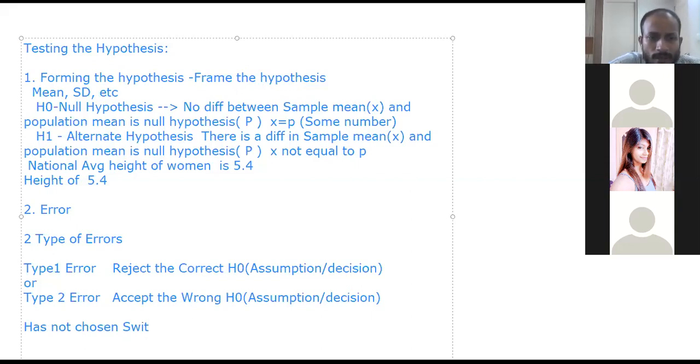Are you getting, guys? They have not chosen Swift. I'm not telling anything about Ritz. This is what we call type 1 error.